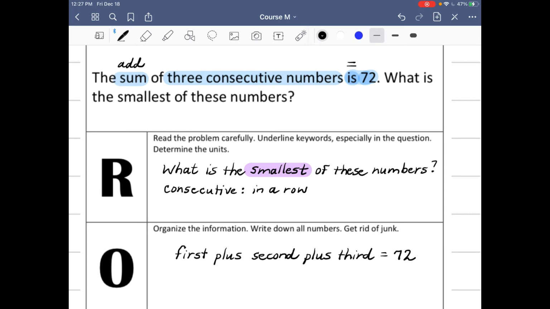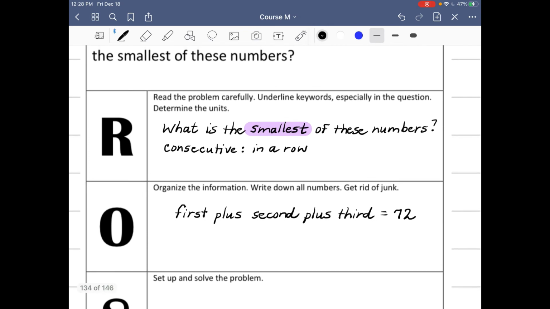That's what this word problem is saying, that a first number plus a second number plus a third number is 72. So to set up a consecutive numbers problem, you want to focus on this one as the first. I'm going to call that F. The second number, if they're in a row, would be the first number plus 1. And then the third number would be the first number plus 2 spaces.